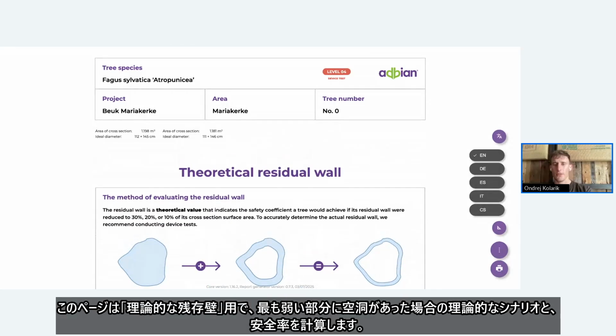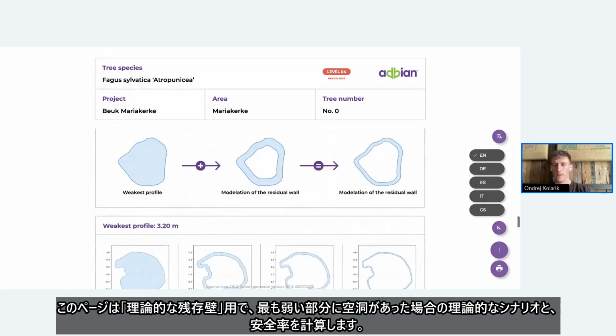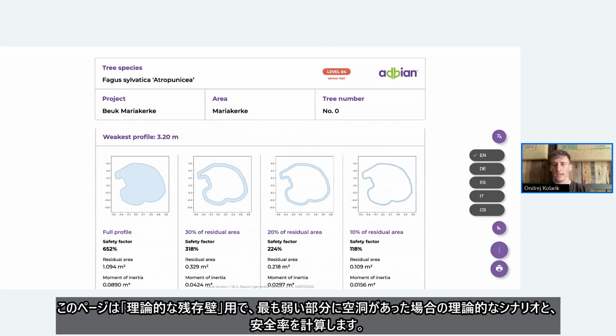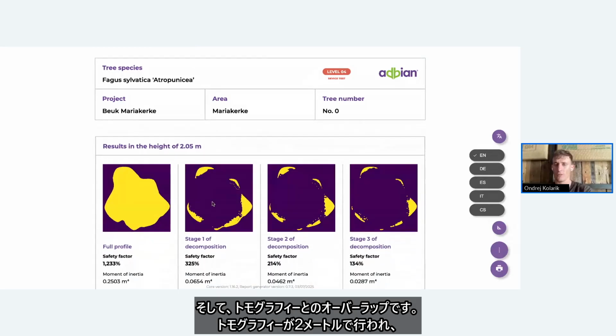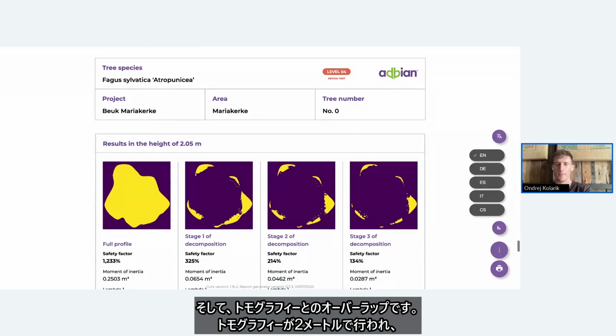This page is for theoretical residual wall, meaning calculating theoretical scenarios. What would happen if the weakest spot had a cavity, and also a safety factor, and then an overlap with tomography.